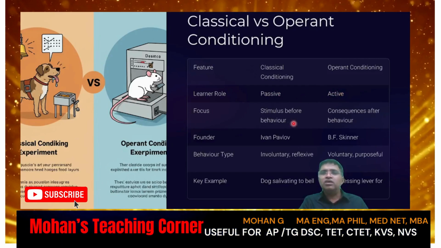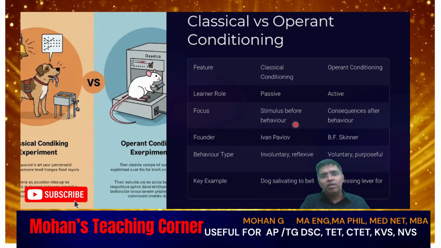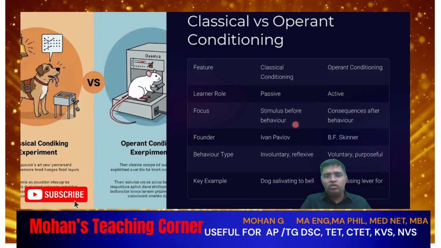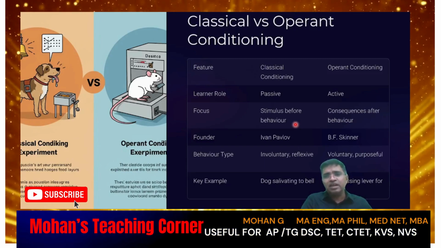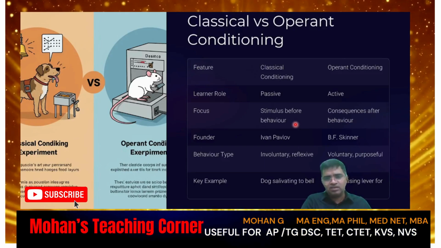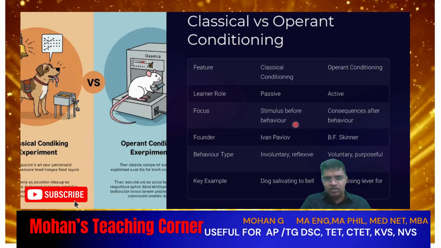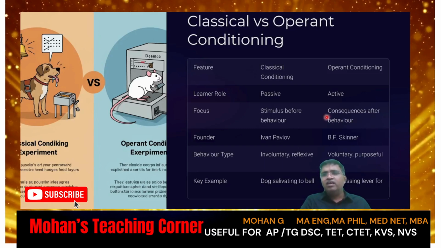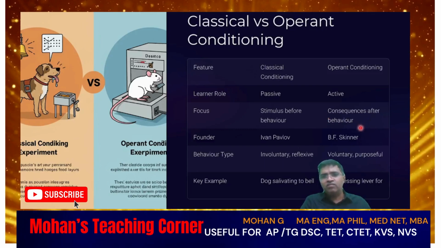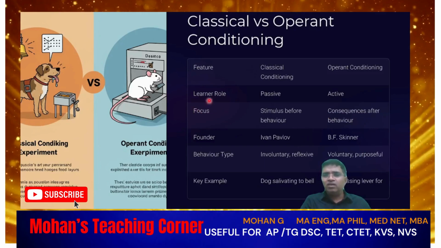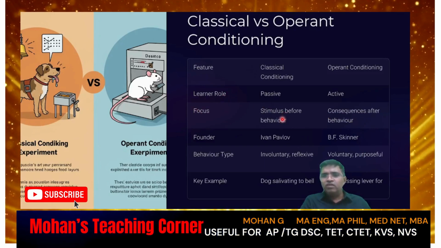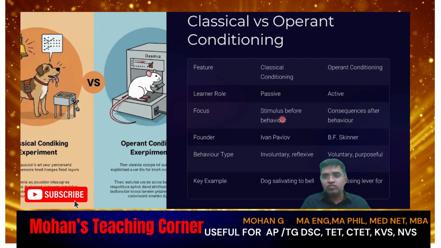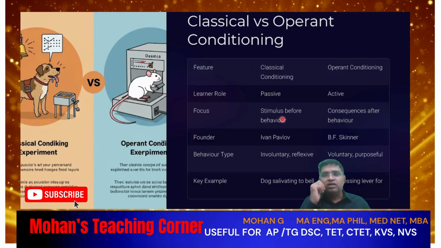Focus: stimulus before behavior. So in order to bring about a certain behavior, there is a stimulus, then a stimulus response. Here, in operant, the focus is consequences after the behavior. If the behavior is done, the consequences will come.